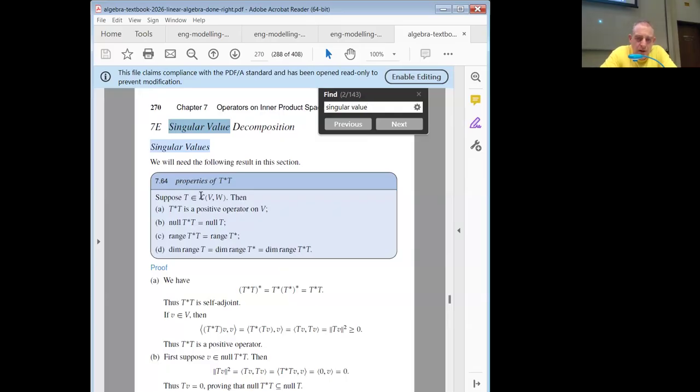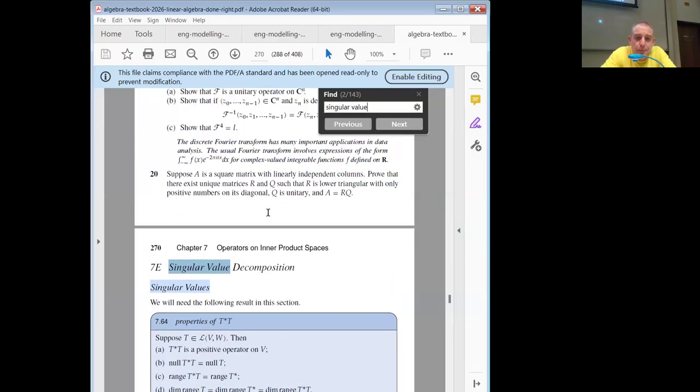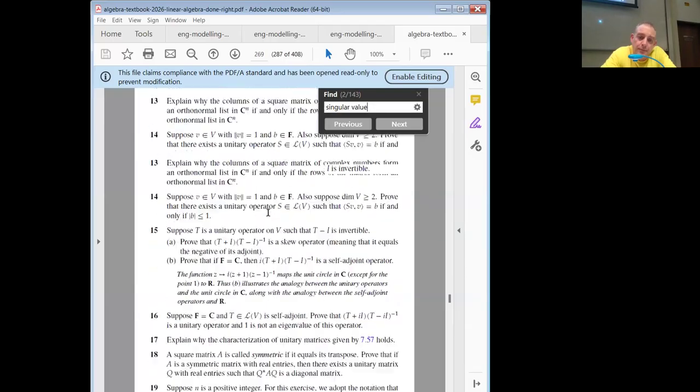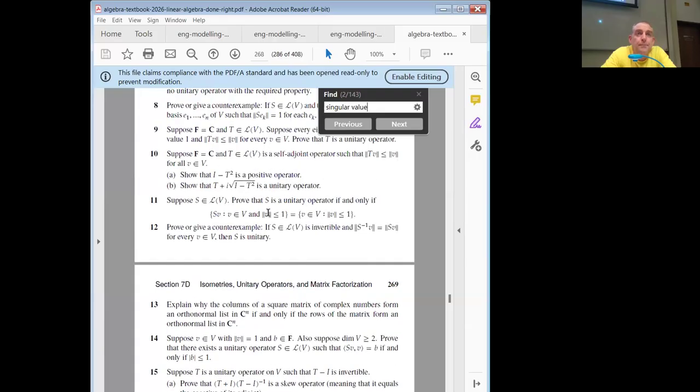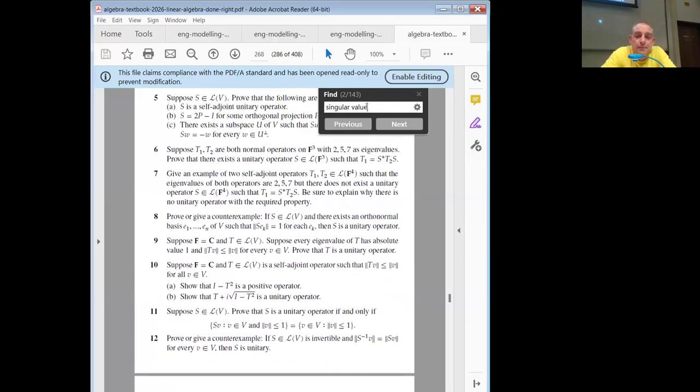Okay, suppose T is in the linear space from V to W, then T star T is a positive operator. The null space of T star T is the null T. What is T star?